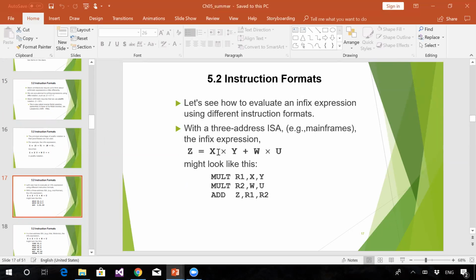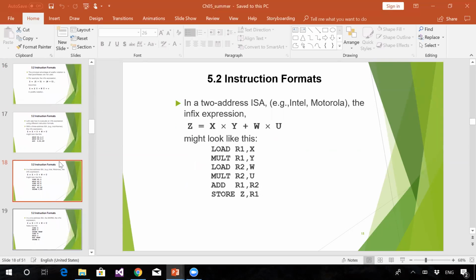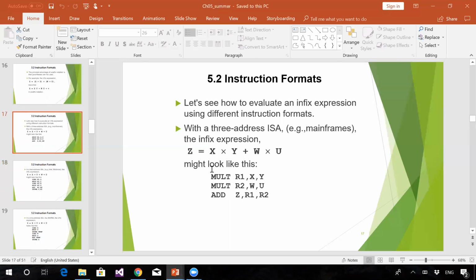The most direct thing we can think of is to say multiply x and y, store the result in R1, multiply w and u, store the result in R2, and then add R1 and R2 into z. This is called a three address architecture because after each operation, there are three operands.